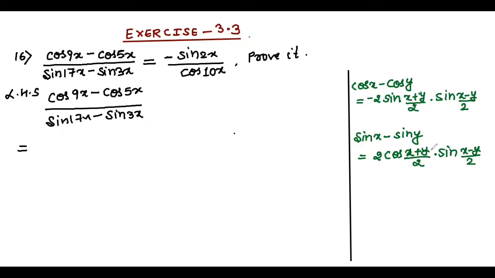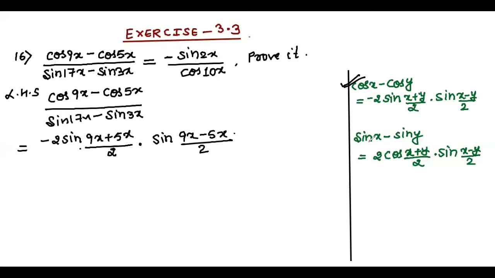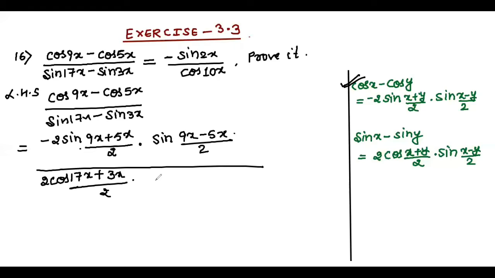In the numerator, I'm applying cos x minus cos y, so minus 2 sin((9x plus 5x) by 2) into sin((9x minus 5x) by 2). And in the denominator, the sin x minus sin y formula, so it is 2 cos((17x plus 3x) by 2) into sin((17x minus 3x) by 2).